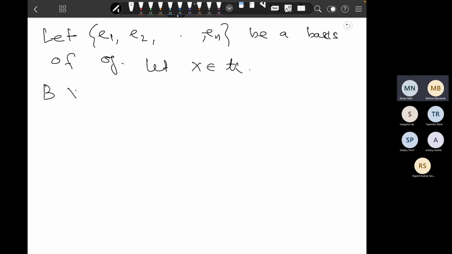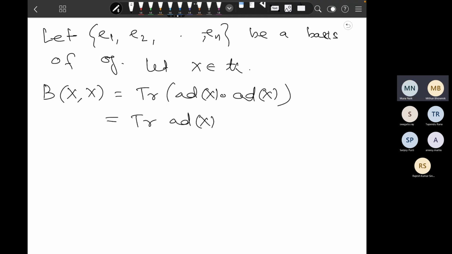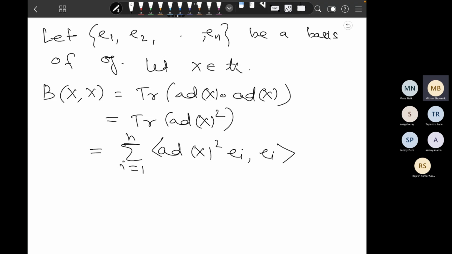So B of x is the trace of R_x composition R_x, which is the trace of R_x squared. By definition this is the summation over i equal to 1 to n of R_x squared e_i, with e_i an orthonormal basis, ONB meaning orthonormal basis.